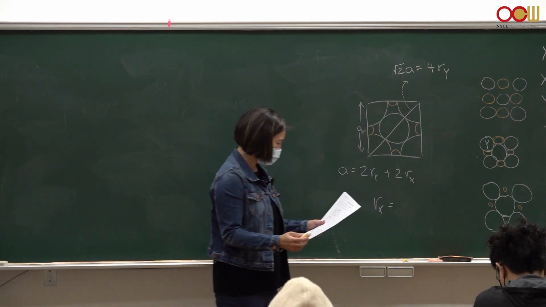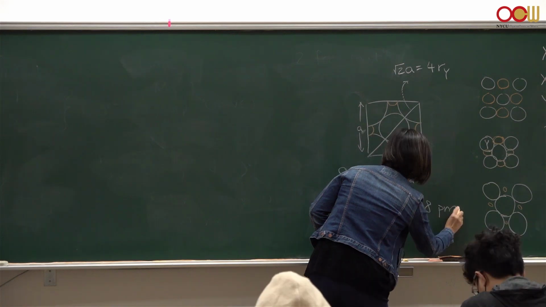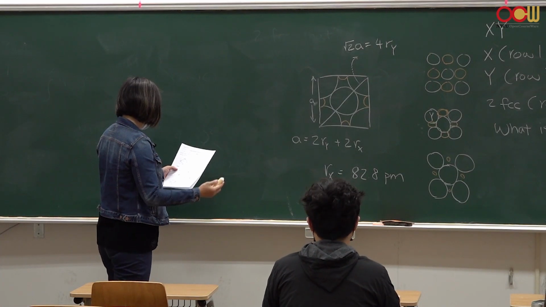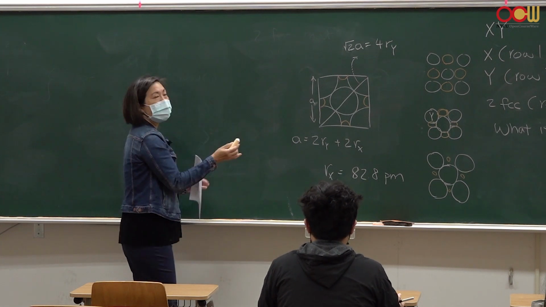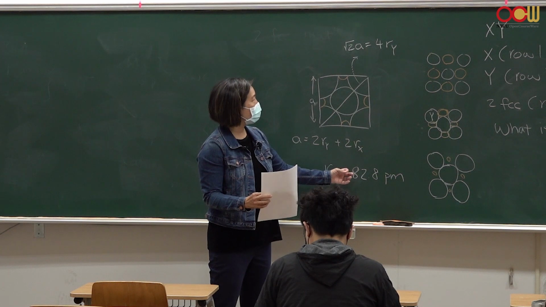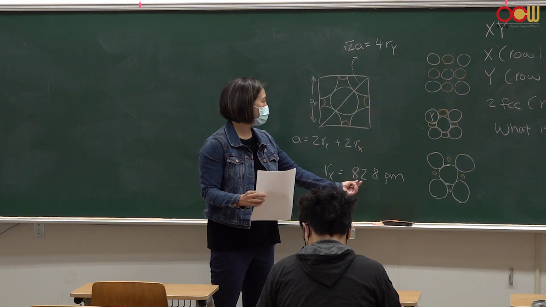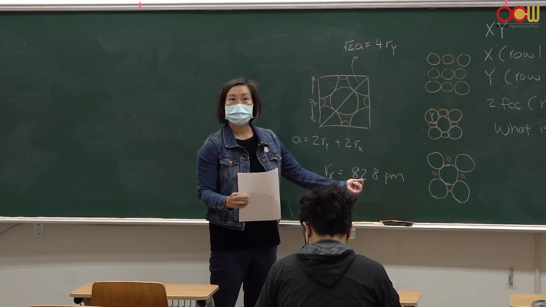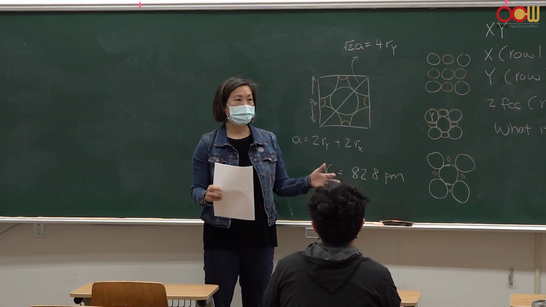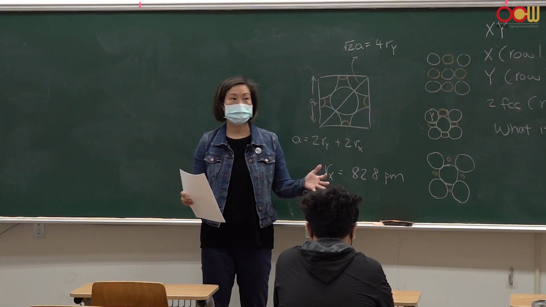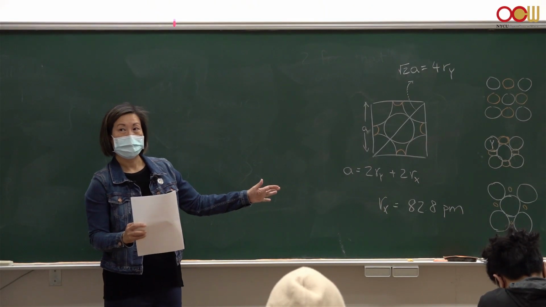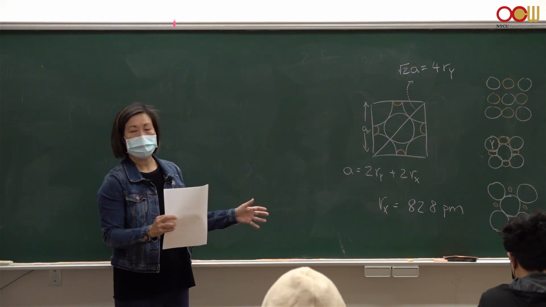Anyone get an answer? Okay, 82.8 picometer. So that's the minimum it needs to be. If X positive had a radius smaller than 82.8, then it could not occupy the rock salt structure. It would have to have a different structure, because the rock salt structure would not be stable if X was smaller.